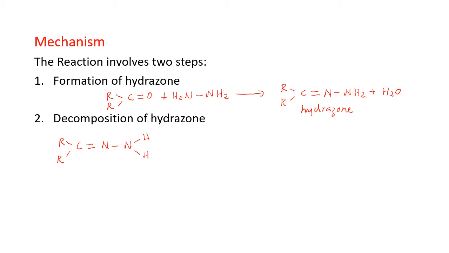The reaction takes place in alkaline medium, so the OH minus ion abstracts an H plus, so minus H2O. We get an intermediate with negative charge on nitrogen.